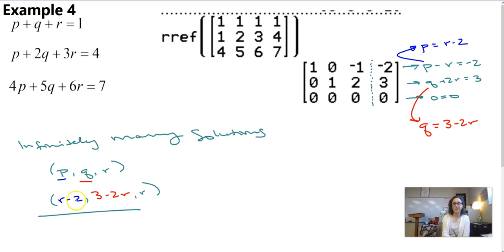For example, if R is 0, one particular solution is -2, 3, 0, okay? I can't just say 1, 1, 1 is a solution and 2, 2, 2 is a solution. They take a specific form and they all follow this format. So now I can pick a value for R and I know what P and Q are in this case.